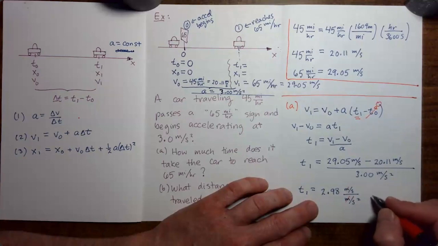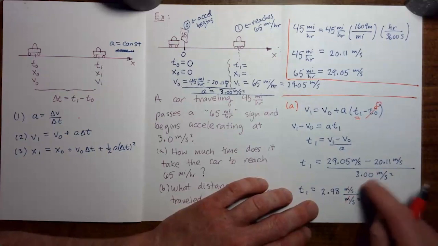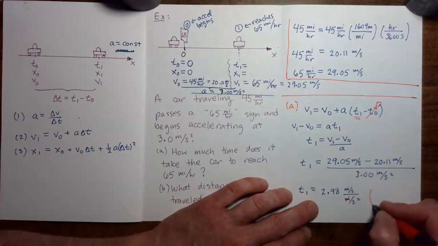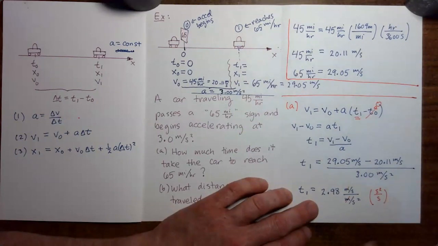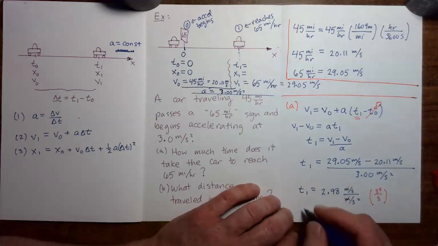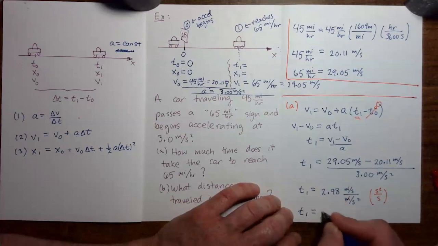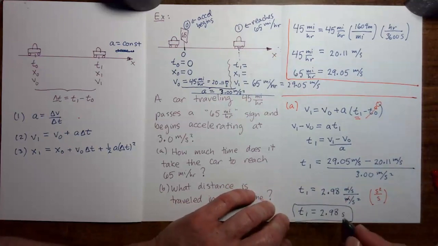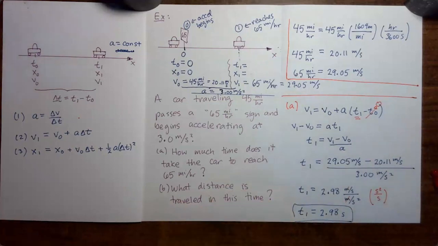And then what remains is 1 over seconds divided by 1 over second squared. Now I can take that second squared, flip it into the numerator. So I then have second squared over seconds for the unit of the answer. Second squared over seconds is seconds. So I get time 1 equals 2.98 seconds. And indeed, seconds is the unit I would expect for the time.